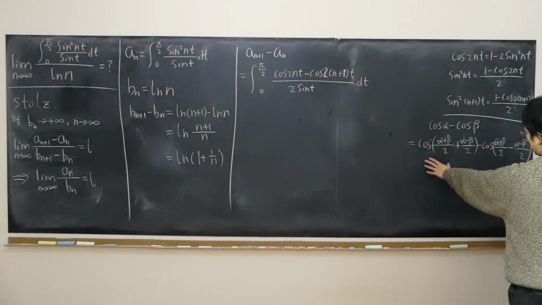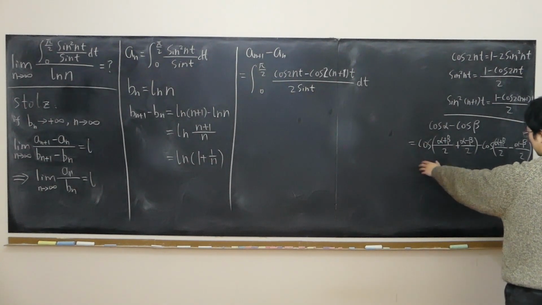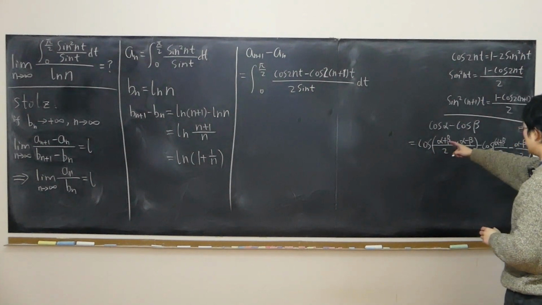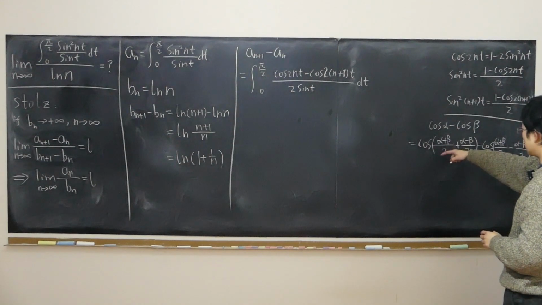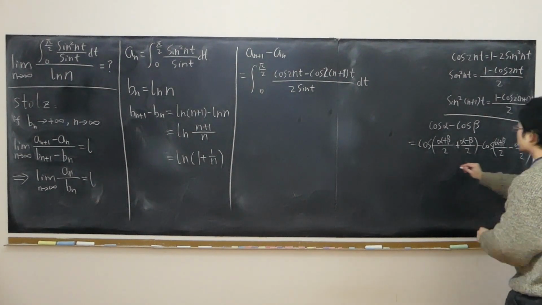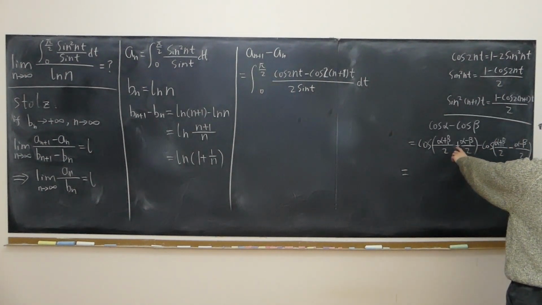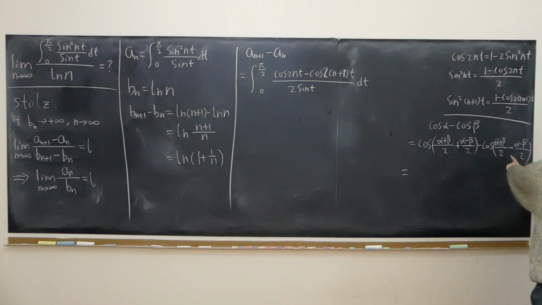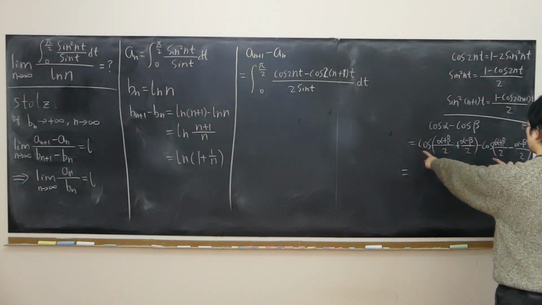Now we're going to use the angle sum formula. Cosine of angle plus angle is cosine cosine minus sine sine. Here we have angle minus angle, so we have cosine cosine plus sine sine. The angles happen to have opposite signs: if it's a plus, we have cosine minus sine; if it's a minus, we have cosine plus sine. Therefore, in the end, here we have a minus sign.